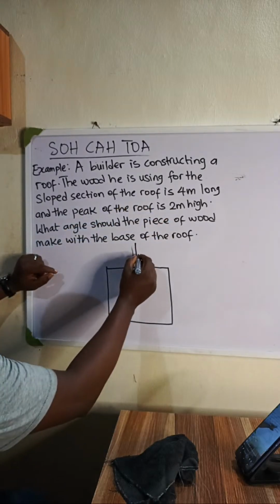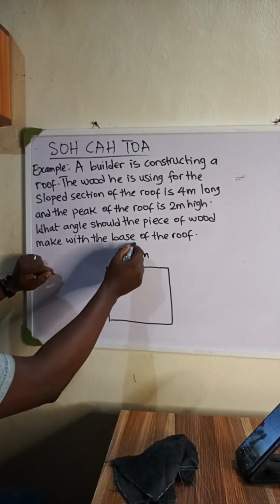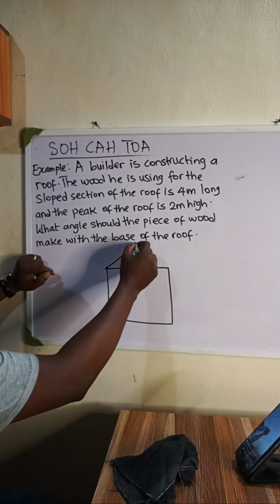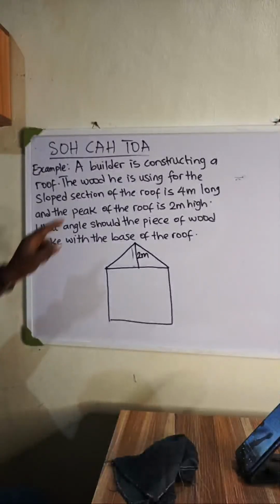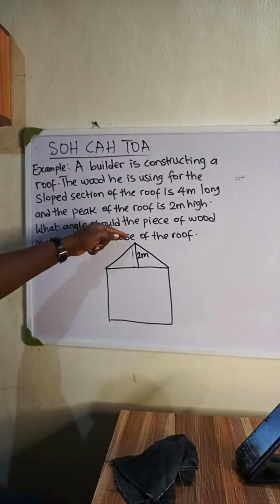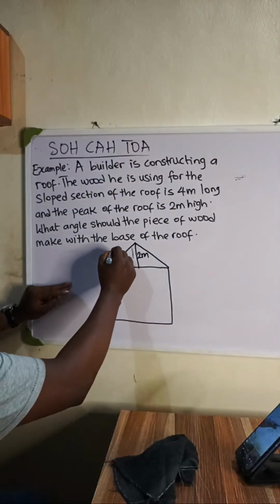So this is 2 meters. From the peak of the roof, we put a wood here and a wood here. We are told that the wood used to construct the sloped section is 4 meters long. So here is 4 meters.